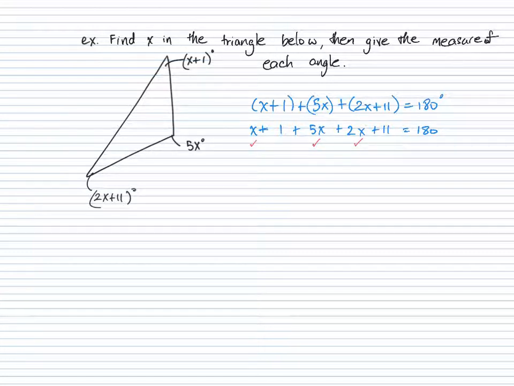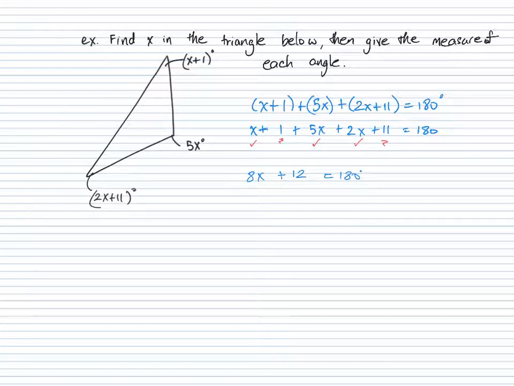And then as far as numbers are concerned, our constant numbers are 1 and 11. All right, so we can go ahead and add our like terms. x plus 5x plus 2x is equal to 8x. And 1 plus 11 is equal to 12. So 8x plus 12 is equal to 180 degrees.